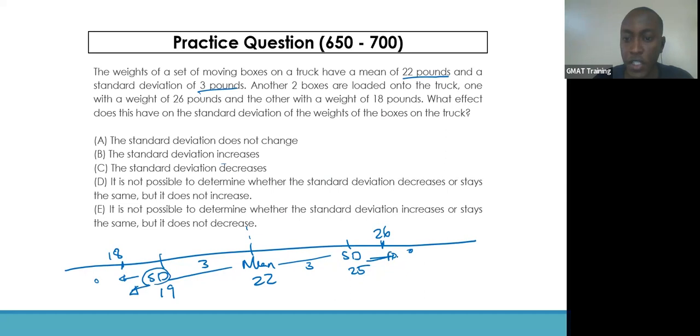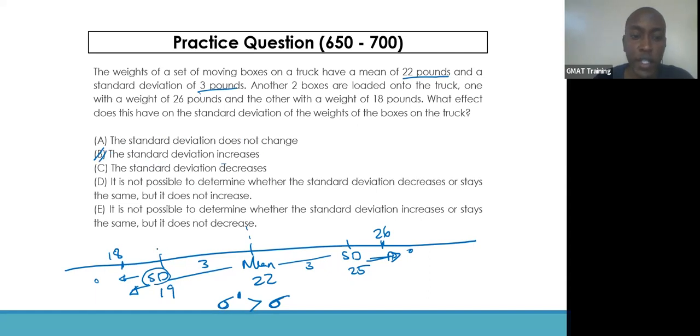Same applies to the right-hand side, it's pulled outwards and increases the distance from the mean, and therefore our new standard deviation should be greater than our old standard deviation, and therefore the standard deviation increases as B says.